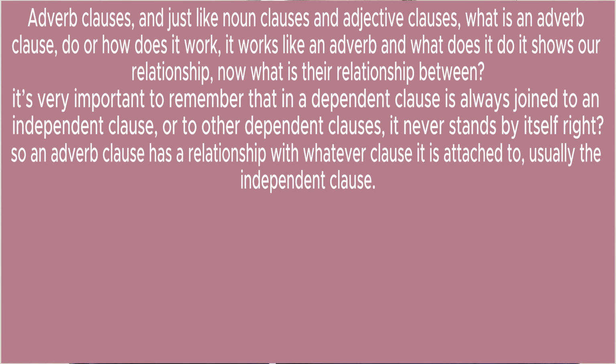It's very important to remember that a dependent clause is always joined to an independent clause or to other dependent clauses. It never stands by itself, right? So an adverb clause has a relationship with whatever clause it is attached to, usually the independent clause.